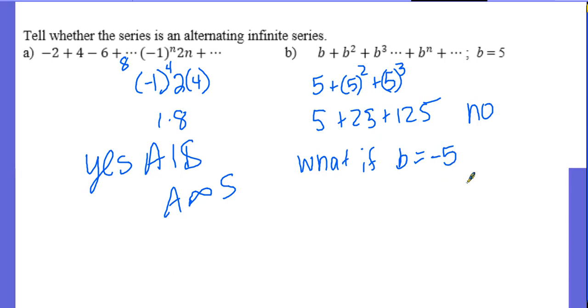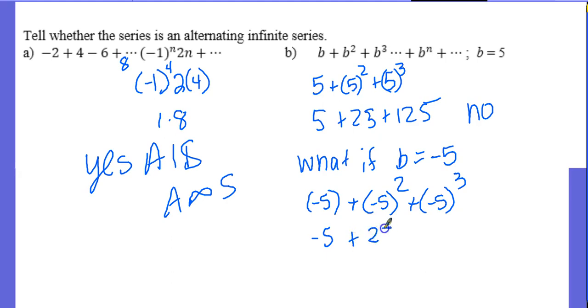Would it be alternating? So you would test it. Negative 5 plus negative 5 squared plus negative 5 cubed, etc. That's negative 5 plus positive 25 minus 125. So in that situation, it would be alternating. So don't make assumptions, because you know that's never a good thing. Always justify and prove. All right?